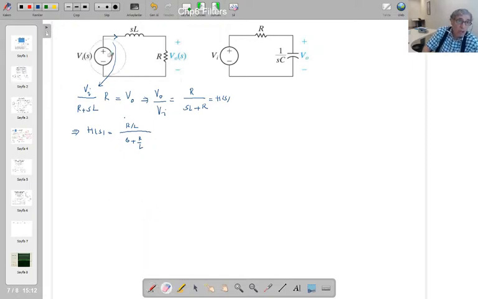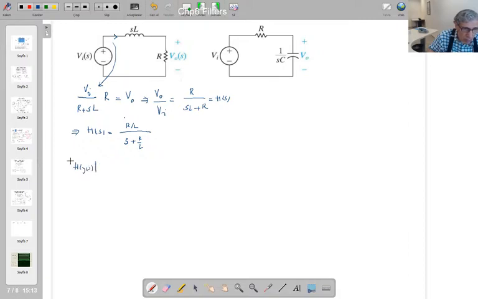Now we are saying that the module of the transfer function, when S is replaced by j omega, gives me the characteristic of this filter. So take the module of H, replace S with j omega.